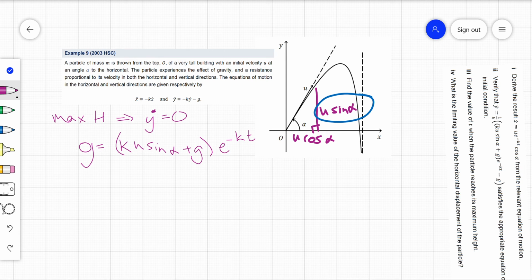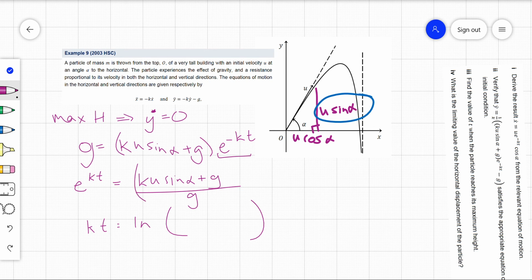So if I want t, I'll put this on this side, so e to the kt equals ku sine alpha plus g all over g. And then if I log both sides, I have the log of all that stuff.